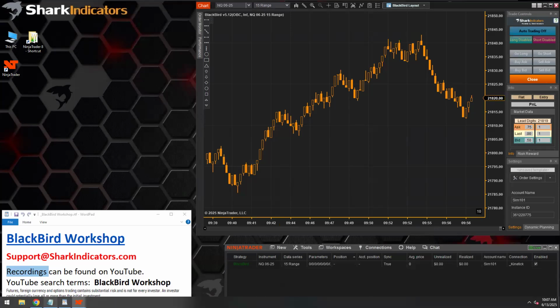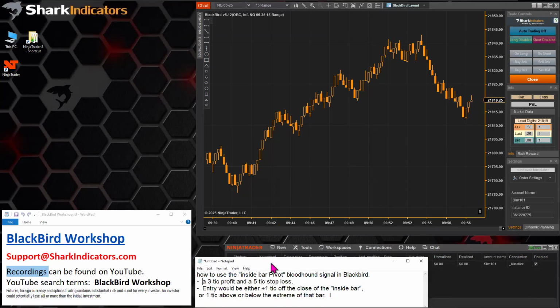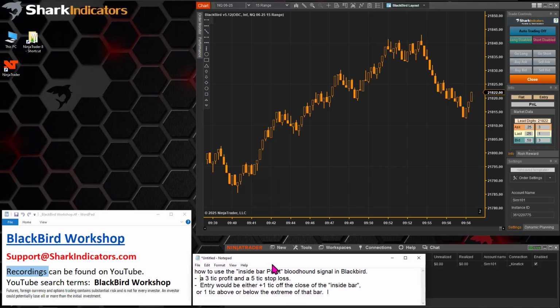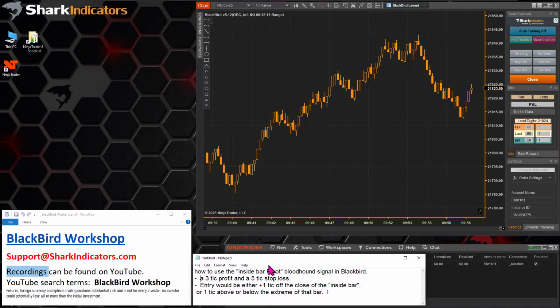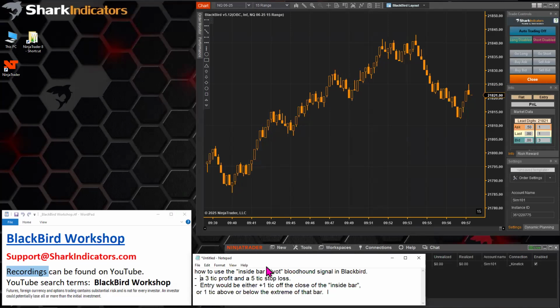I also have a little explanation of the order settings to be used with that inside bar pivot reversal point. It's going to be just a little scalping setup: 3-tick profit, 5-tick stop, and the entry is going to be plus 1 tick above the closing price of the signal bar.